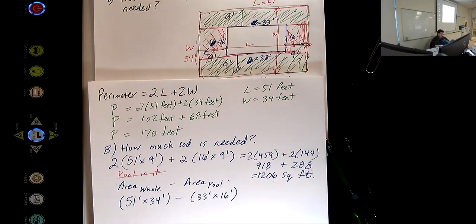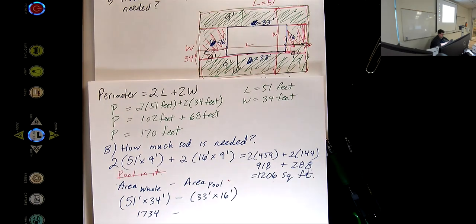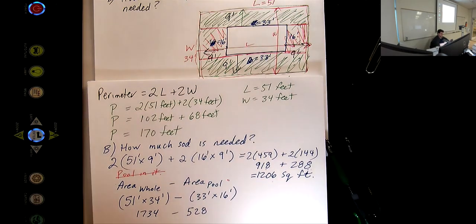Okay, and then we do what Andrew recommended, and we could go 51 times 34 is 1734 minus 33 times 16. See, I could have done the top ones in my head. This bottom one, I'm not so good at doing in my head.